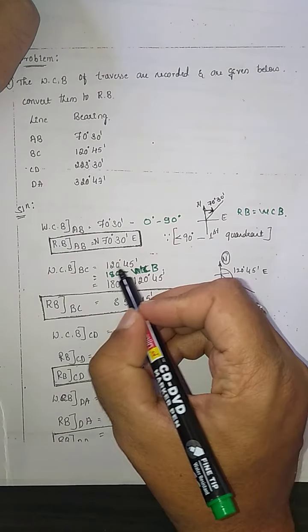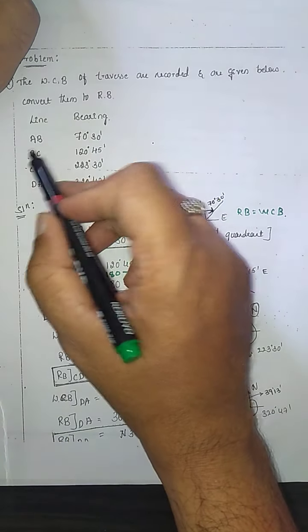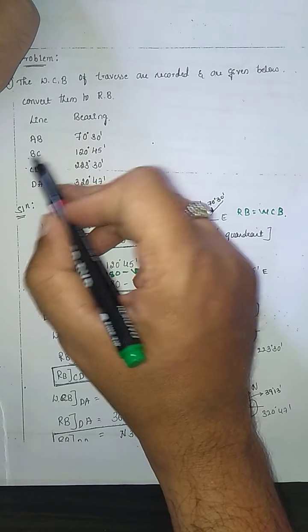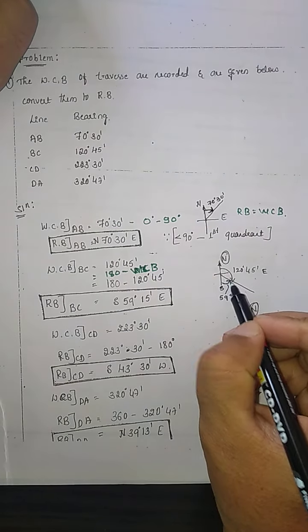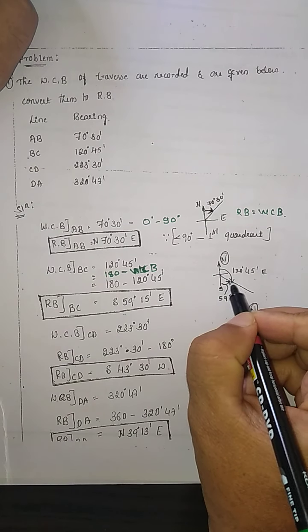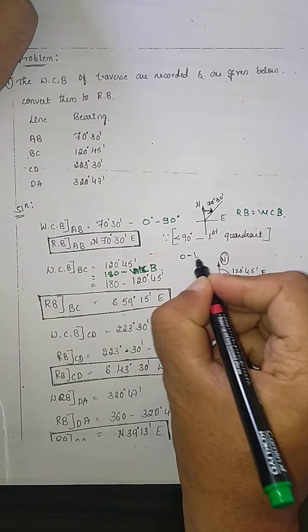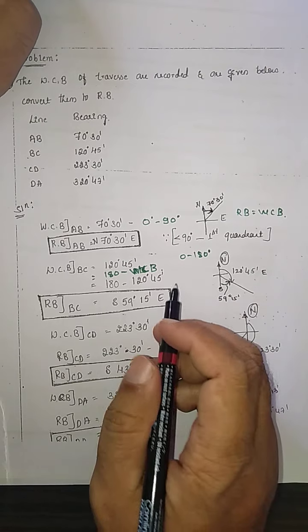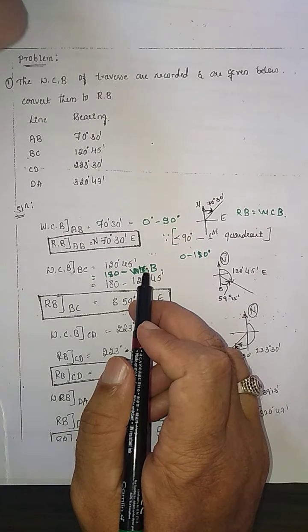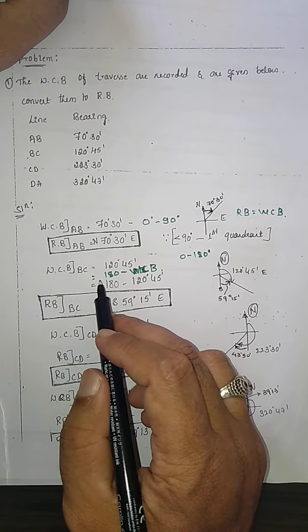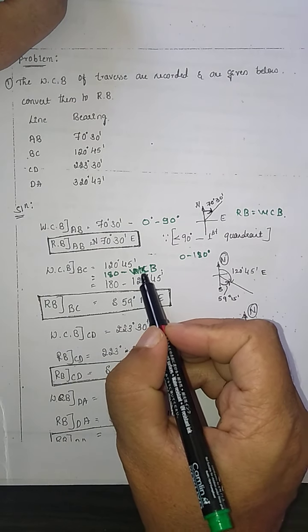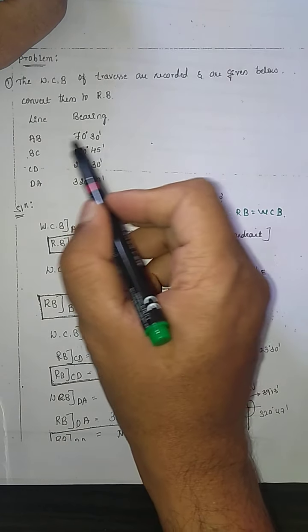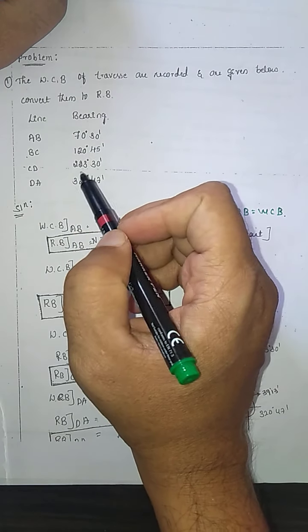The angle for the second one, BC, is 120 degrees 45 minutes. So it lies between 90 and 180 degrees. The formula to convert it into the reduced bearing system is 180 degrees minus whole circle bearing. Now the whole circle bearing is 120 degrees 45 minutes.